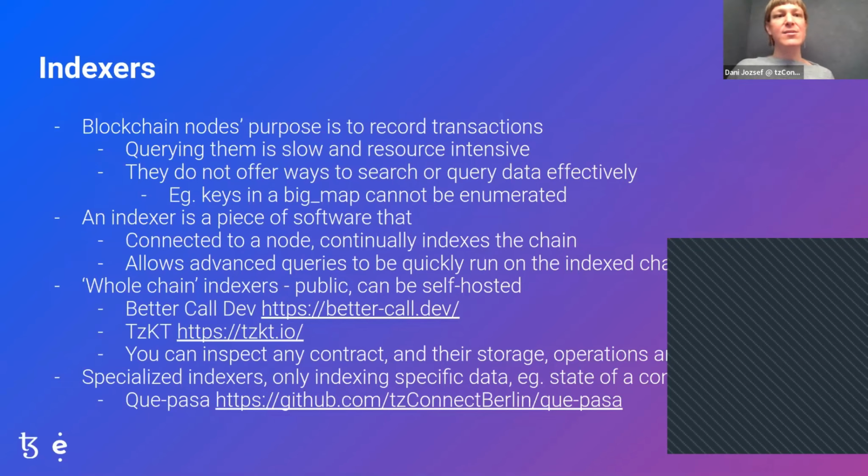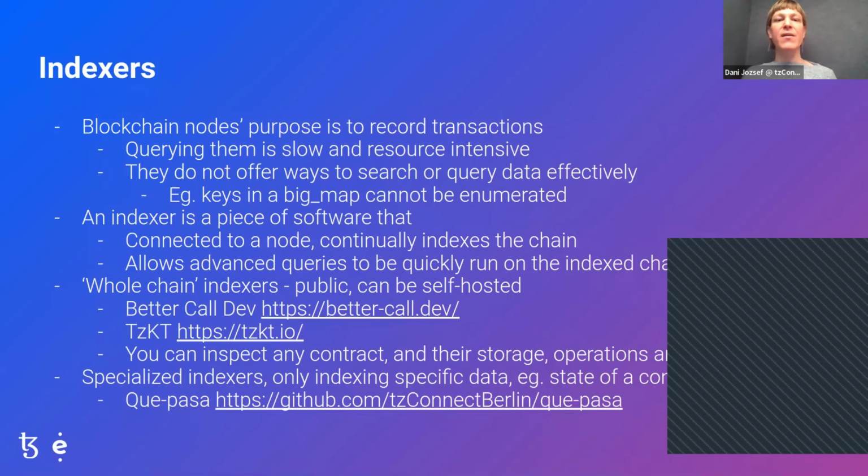Indexers, we mentioned indexers before. So the purpose of a blockchain node is to record transactions and not to be queryable or searchable. So querying blockchain nodes, especially in Tezos, is slow and resource intensive, and they are not very functionality rich in that regard.